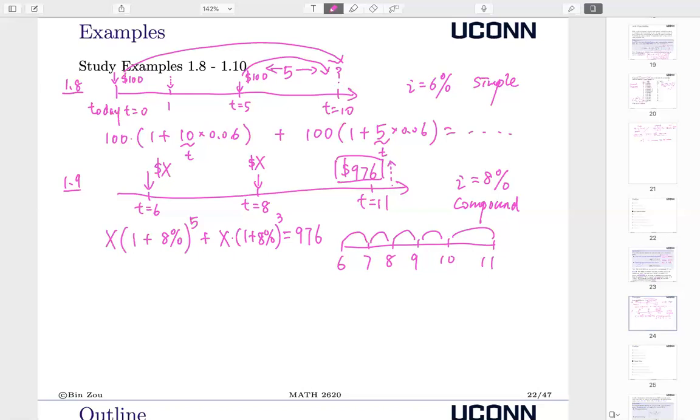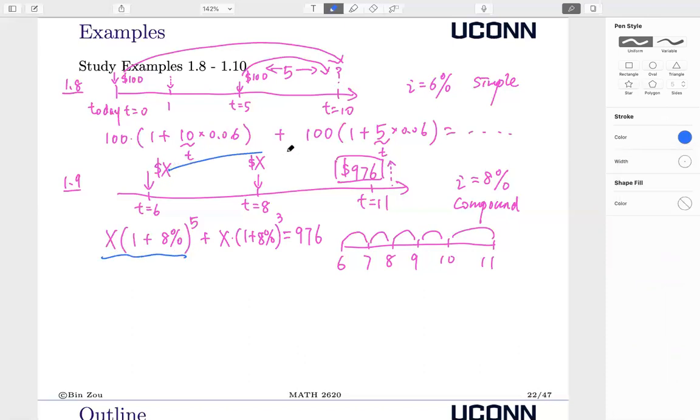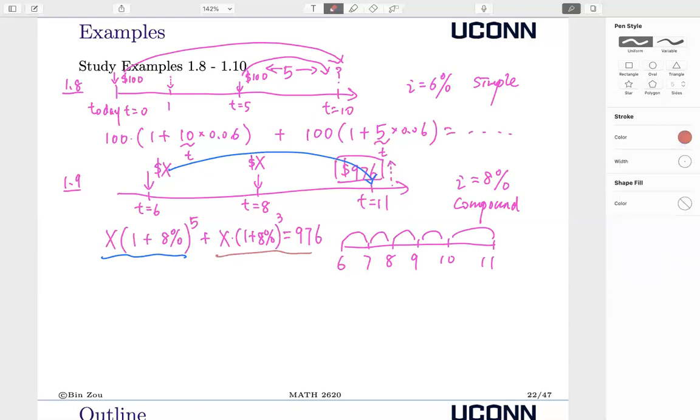If I use a different color, let me demonstrate. I convert this amount to the time point at 11. And the second one, in this color, I also convert to 11.